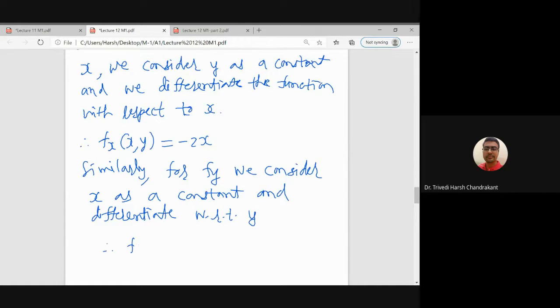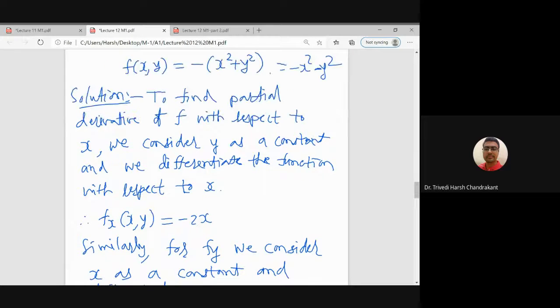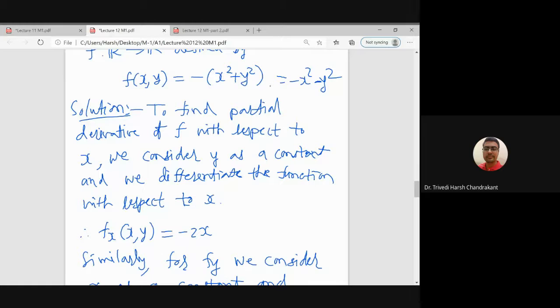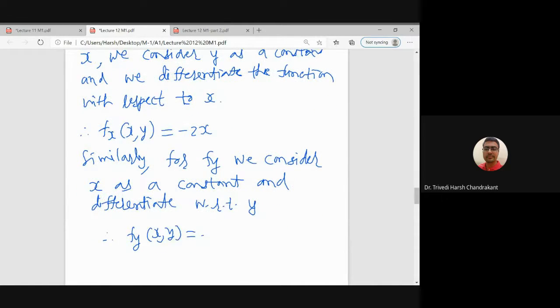So in that case, what will be fy? We are considering x as a constant and differentiating with respect to y. We know that minus x square, x being a constant, has derivative with respect to y 0, and the derivative of minus y square with respect to y is minus 2 times y. So let us write down that.